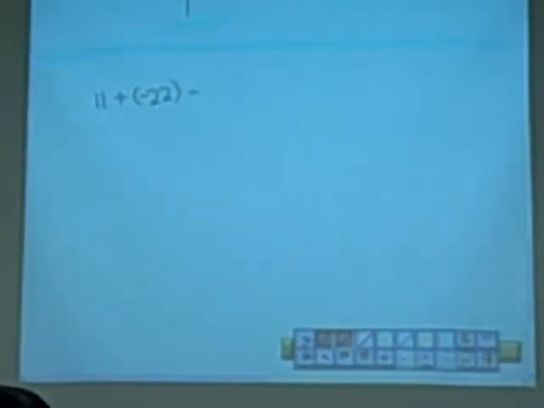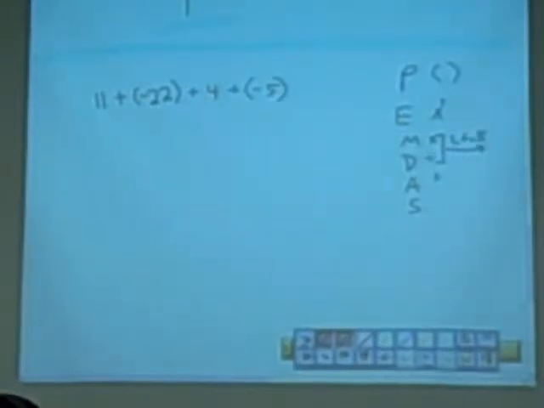Okay, here we have 11 plus a negative 22, and then close parentheses plus 4 plus a negative 5. Now remember in our order of operations, we've said in the past there's parentheses and exponents, and multiplication and division going from left to right, and addition and subtraction going from left to right.